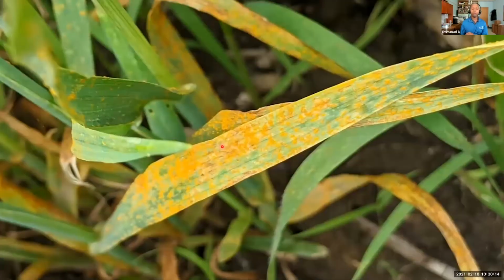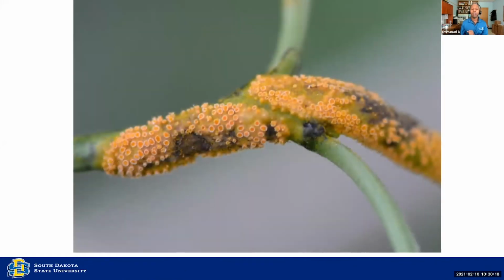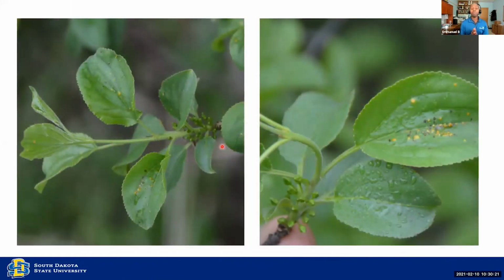Like I mentioned, going west, we don't see a lot of crown rust, and I imagine it's because of the buckthorns. In our trials here in Volga, we have a bunch of buckthorns, and we see a lot of rust pressure coming from those buckthorns. These pictures were taken in Volga. So if you can eliminate buckthorns around your farm, you may reduce the inoculum, but rust can be blown by wind, so that may not be effective, but it may reduce somewhat the disease pressure. So that's one way.